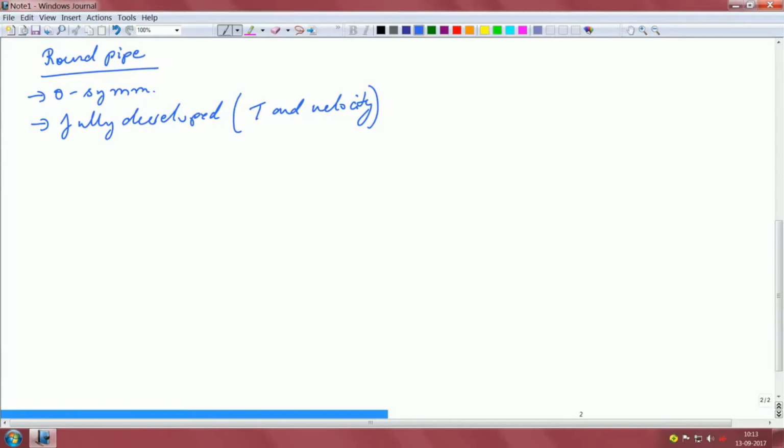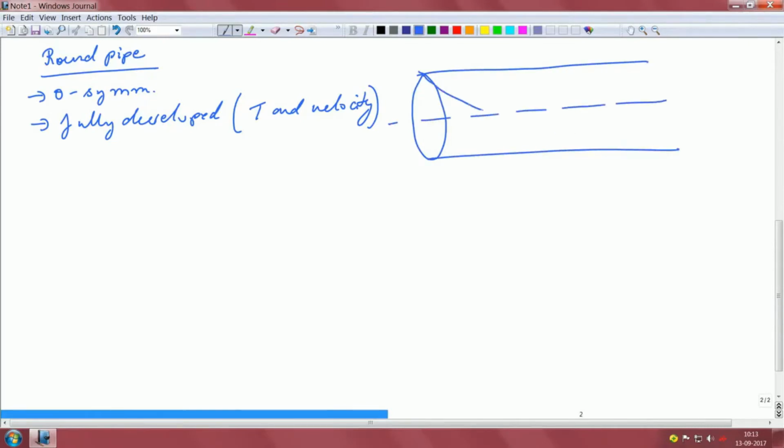Now, fully developed means that even the thermal boundary layer, I am not saying that the two boundary layers have the same entrance length. That is not the question over here. So, if this is the round pipe that you have, this is the center line, it is possible that this is your XH, which is where the hydrodynamic boundary layer has merged.